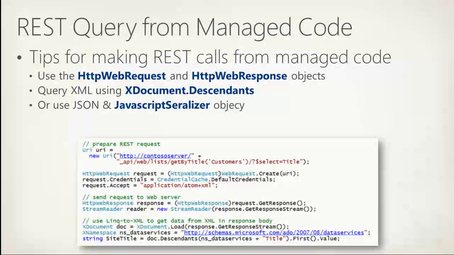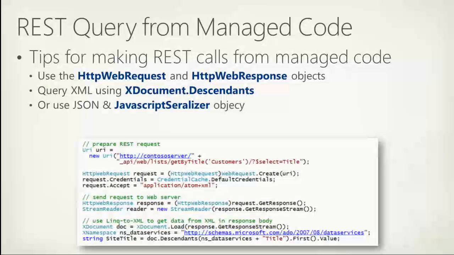So if we're going to use C#, we're going to be putting together these URLs, _api/web/lists/getbytitle('Customers'), $select=Title. Now, if you were writing this kind of code pre-.NET 4, we didn't have this thing called HttpWebRequest, so you probably used just WebRequest.